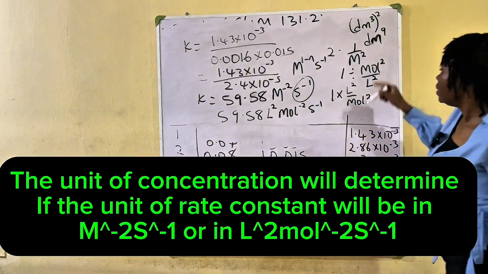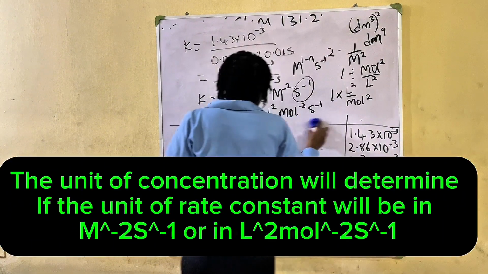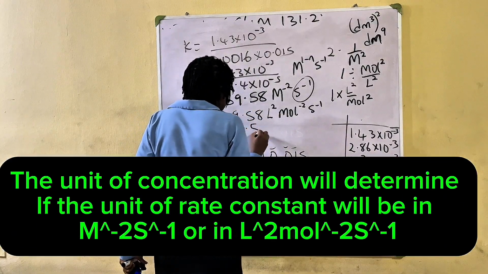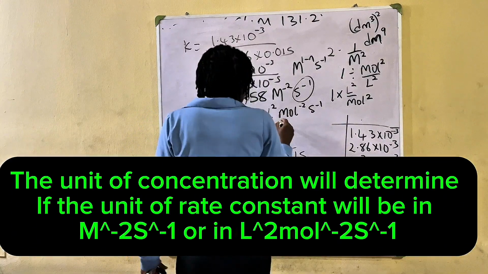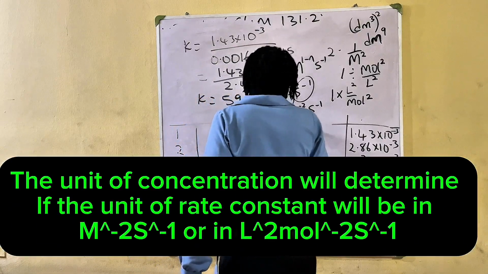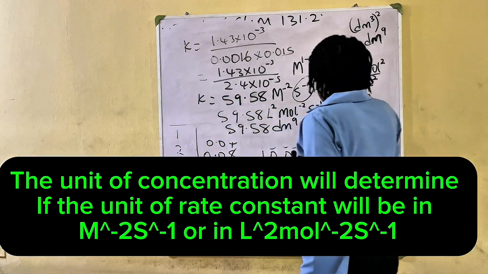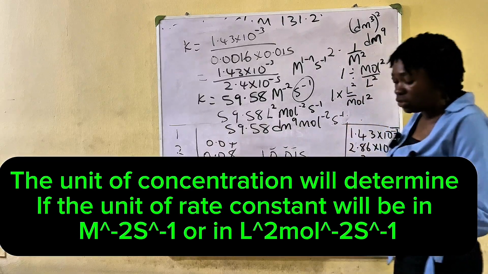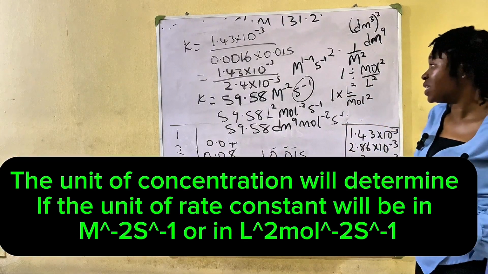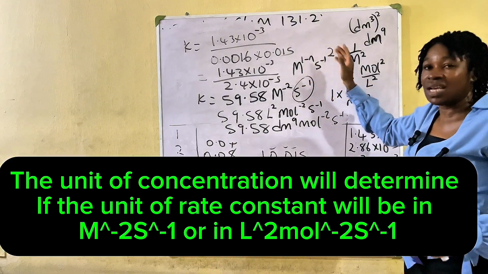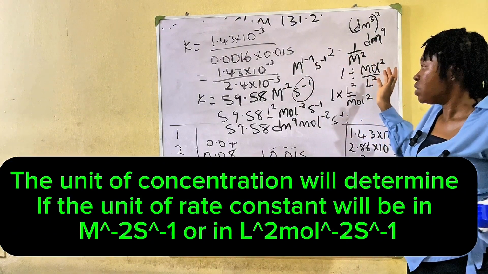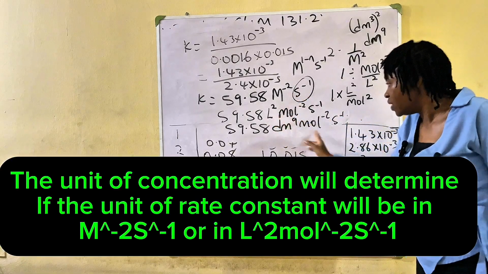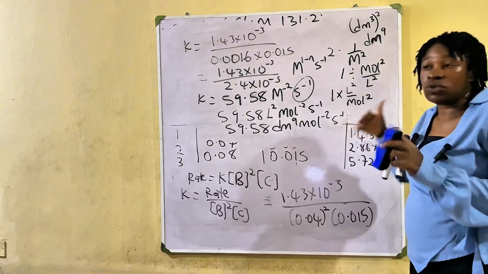So if it's dm cube, 59.58 dm to the power 6 per mole square per seconds. So this unit is very, very important. The unit of your rate constant, very important. So once you know this, 1 minus n, you don't need to stress yourself. You just put this or this or this, either of them. Fourth order, 1 minus 4.